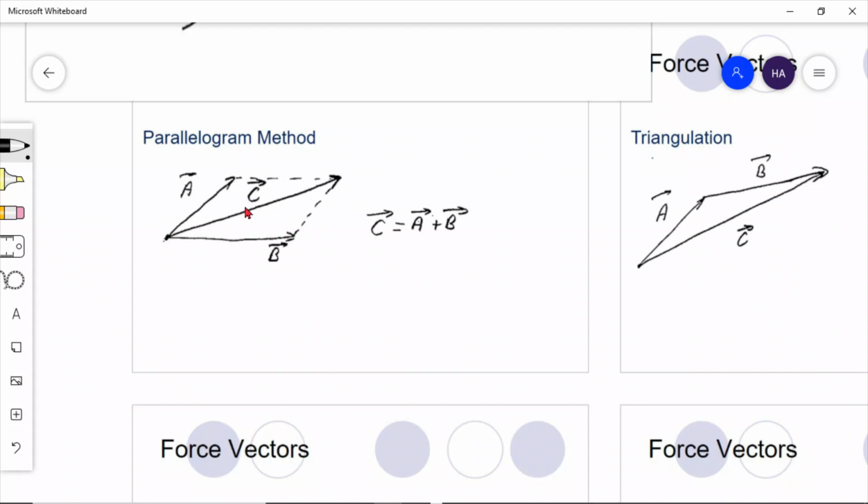And this third line gives us the summation of these two vectors A and B, as you see here.